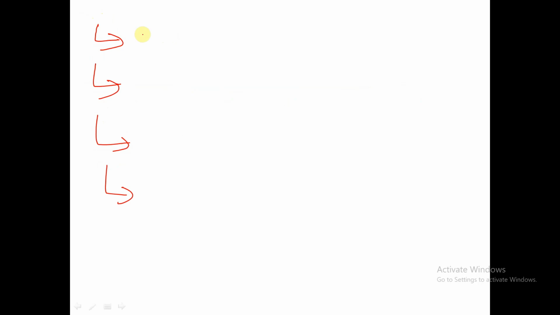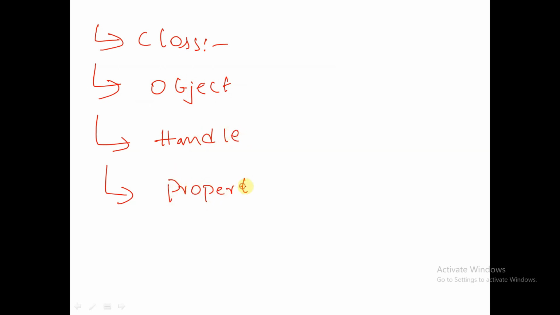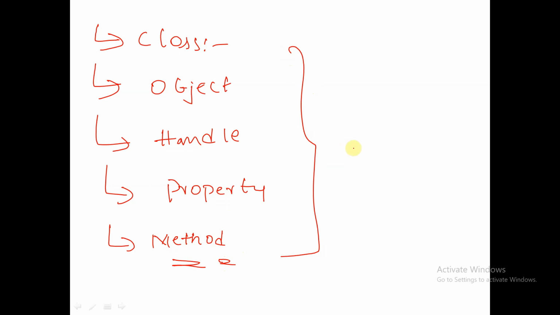The first terminology is called class, and another is called object and handle, and we have property and a method. So these are some of the terms which are used in OOPS: class, object, handle, property, and method. So we will discuss them one by one.